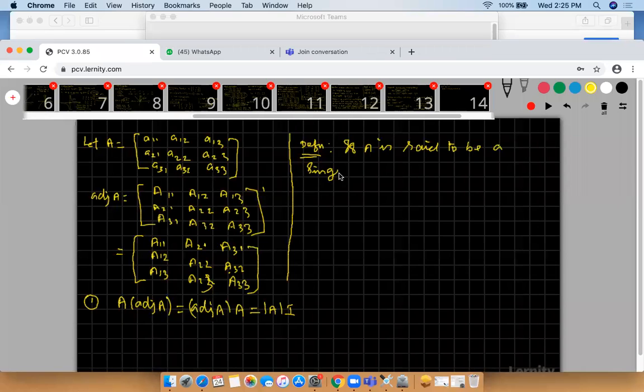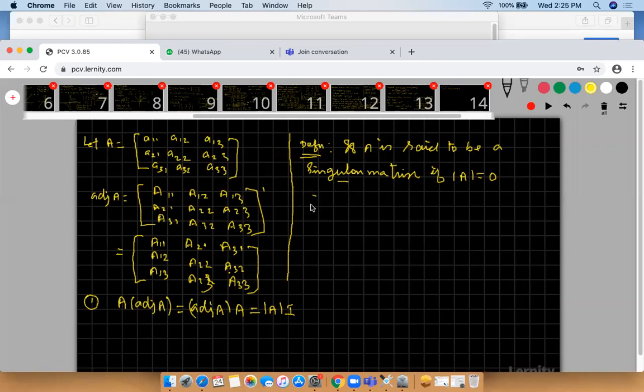A is said to be a singular matrix if determinant of A is equal to 0. If my determinant of A is 0, then my matrix A is said to be singular.